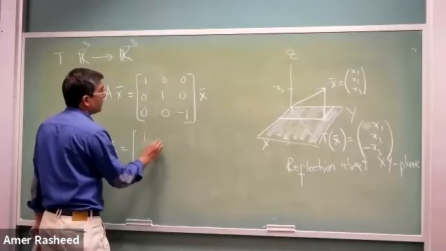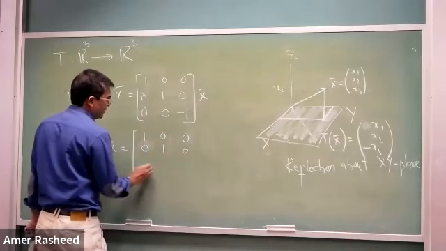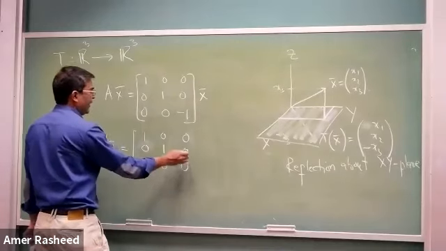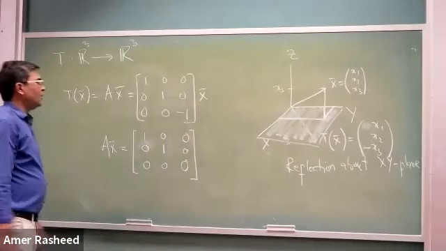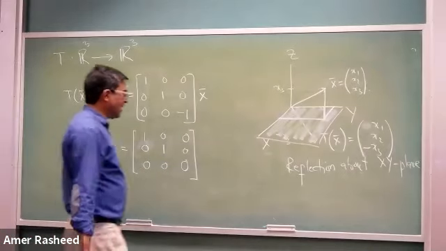Sir, Z is equal to 0. Z 0 हो जाएगा। It means आपके पास जो स्टैंडर्ड मैट्रिक्स होगा, वो क्या होगा? 1 0 0, 0 1 0, 0 0 0.